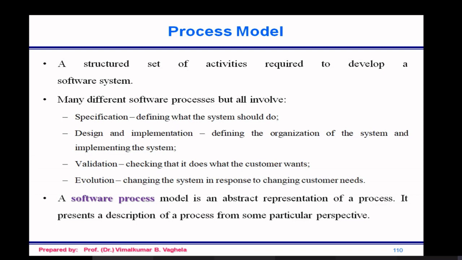So again, from one project to another project, the process that we follow is not to be the same. Based on the functional requirements of the software, we have to select the process. For that, different kinds of process models are there. The models are nothing but one type of templates.